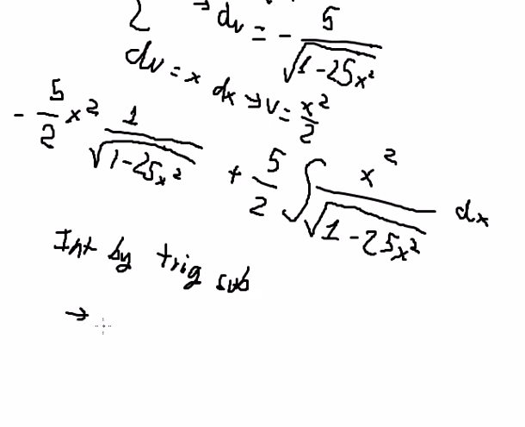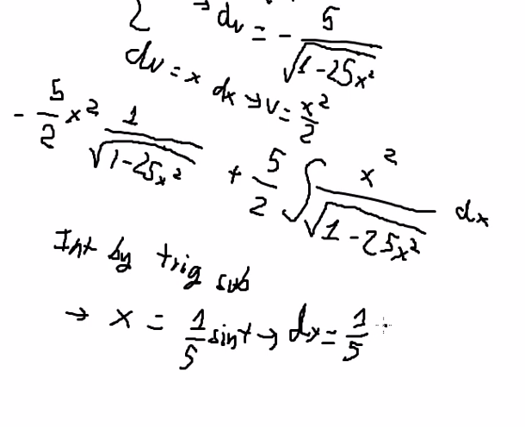So we put s equal to 1 over 5 sine t, ds equal to 1 over 5 cosine t dt.